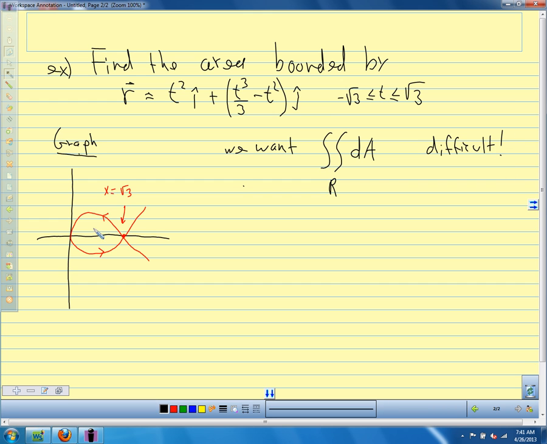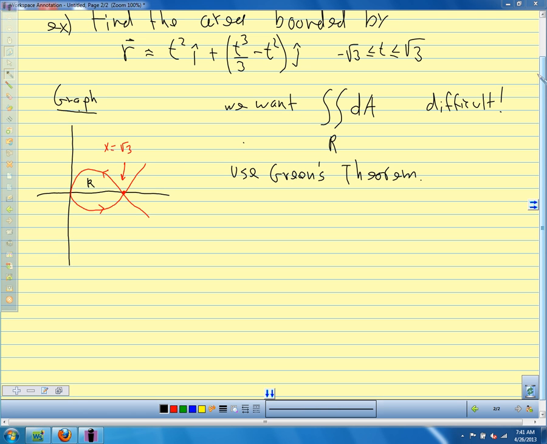Well, we have a region. Here's R, a simple closed curve. So we're going to use Green's theorem, and like we just talked about, we're going to run Green's theorem in reverse.